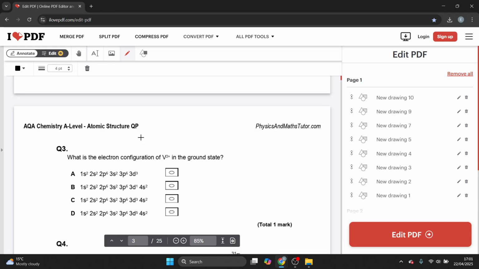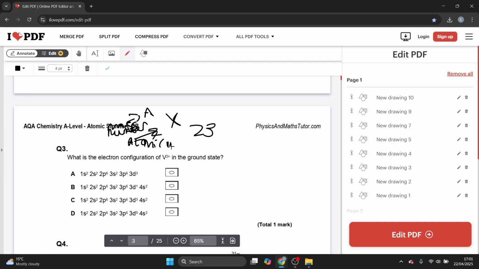Well, if I look here, V, I see it's got 23 electrons. Let's say that's A, that's Z, and that's X. That is the mass number. That is the atomic number.